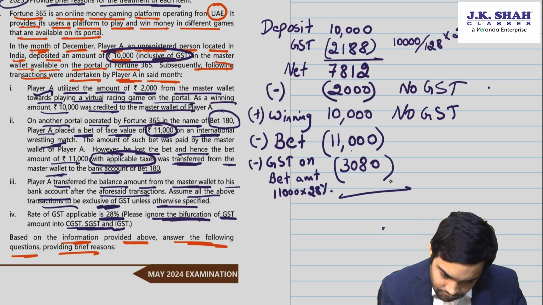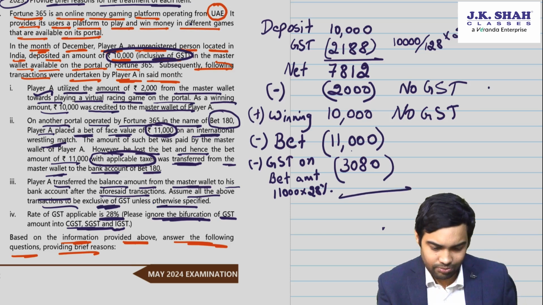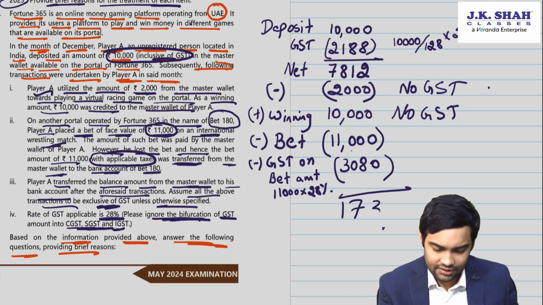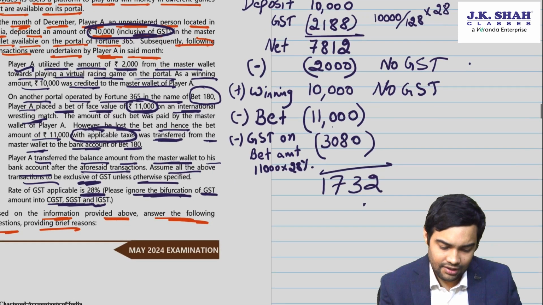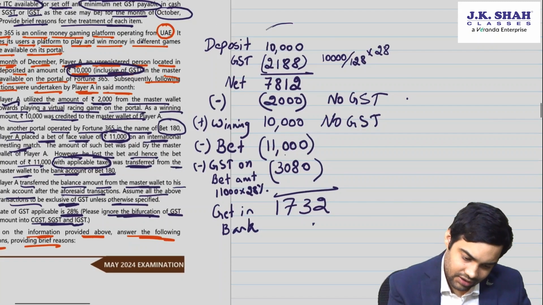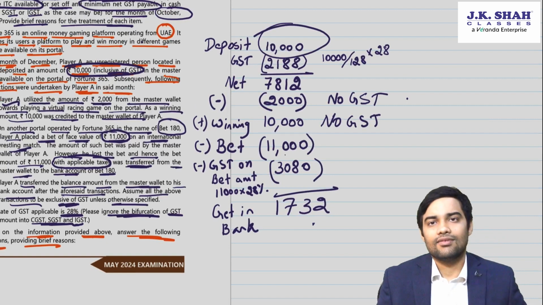Now, if I subtract all this, how much money does he have now? 7812 minus 2000 plus 10,000 minus 11,000 minus 3080. 1732 is what he will get in bank. So the institute is saying don't do all this, because you deposit 10,000 and you get back 1732.